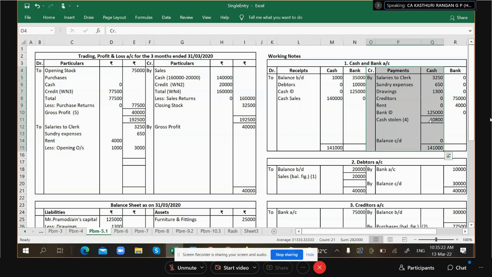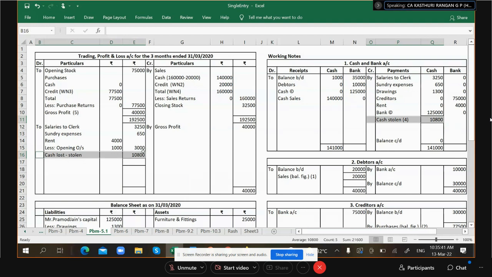But that is completely taken away by the cashier, stolen. That means this money is lost. When money is lost, a loss should be taken to P&L. So in the P&L account, you write cash lost, stolen, this amount. How did you get this amount? As the balancing figure in the cash account.